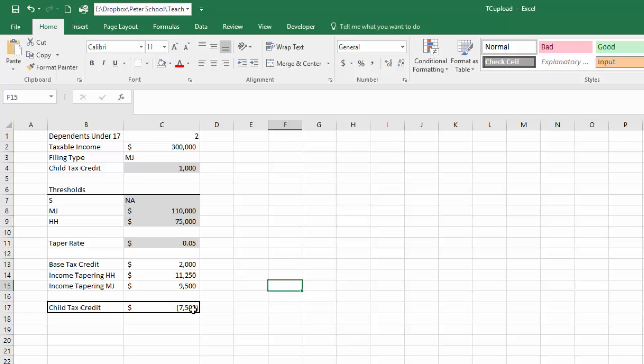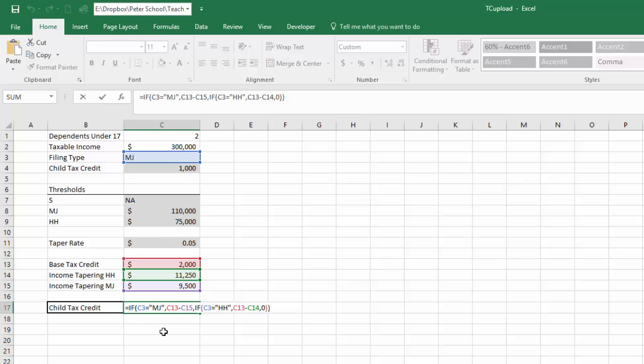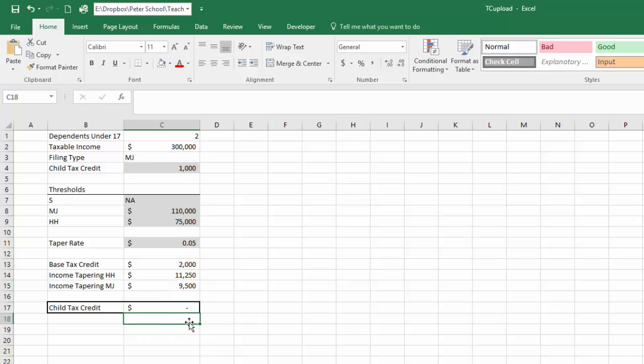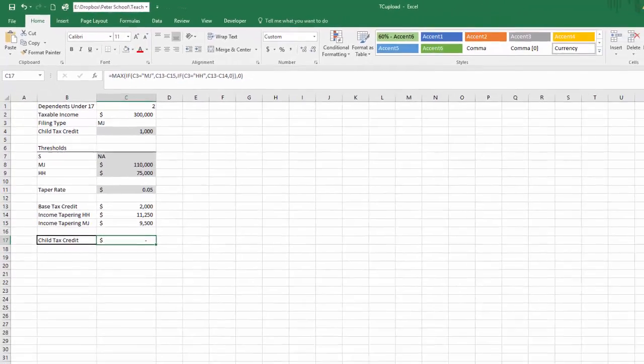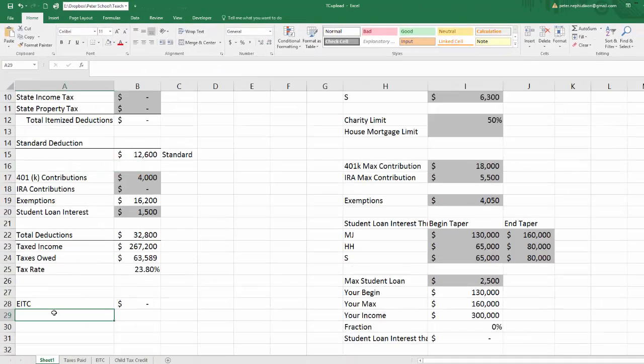So I'm going to change this to the max of whatever this is, or 0. If my income is so large that the tapering is larger than my base credit, my child tax credit is simply equal to 0.